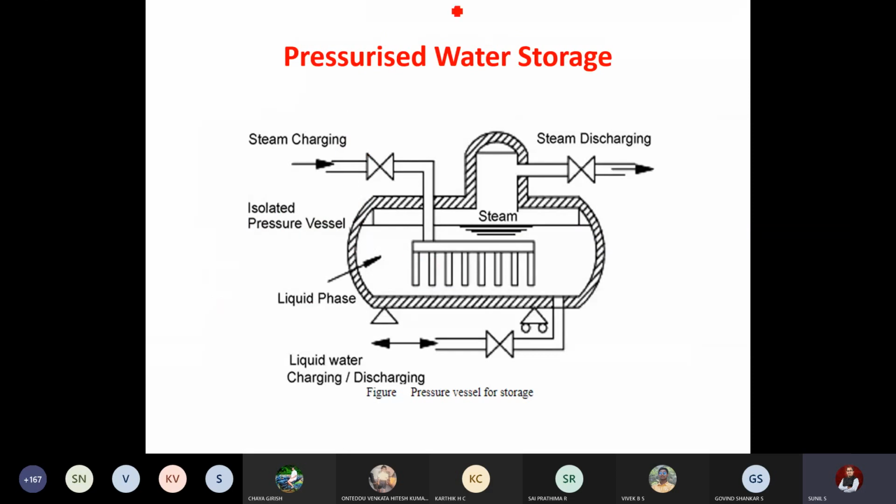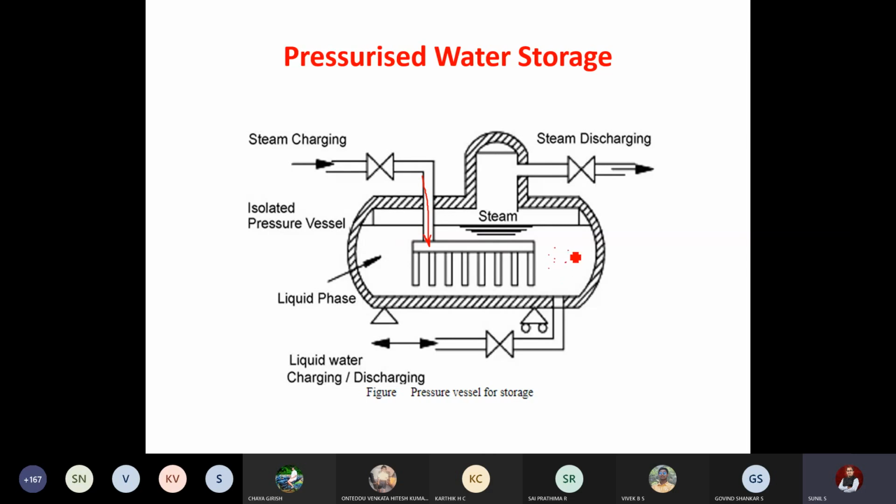One simple example I have taken is pressurized water storage. What happens in this? When you start pumping the fluid forcibly inside through hot water, its pressure increases. You are pumping the steam here. When the pressure increases inside, its boiling point also increases, so that the steam gets converted to liquid and is stored in the form of droplets.